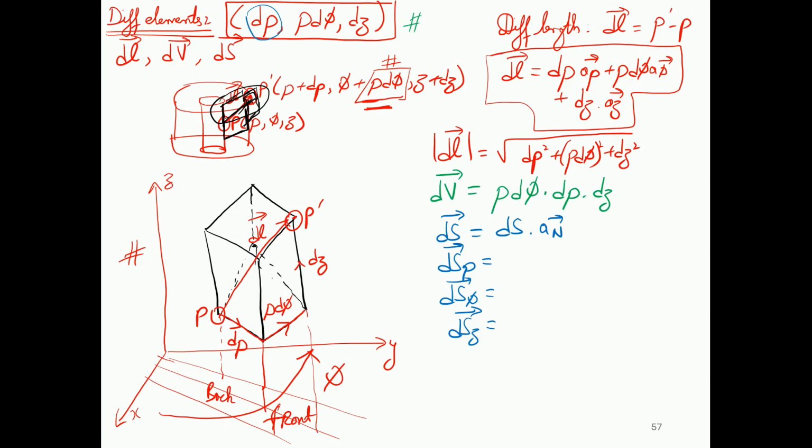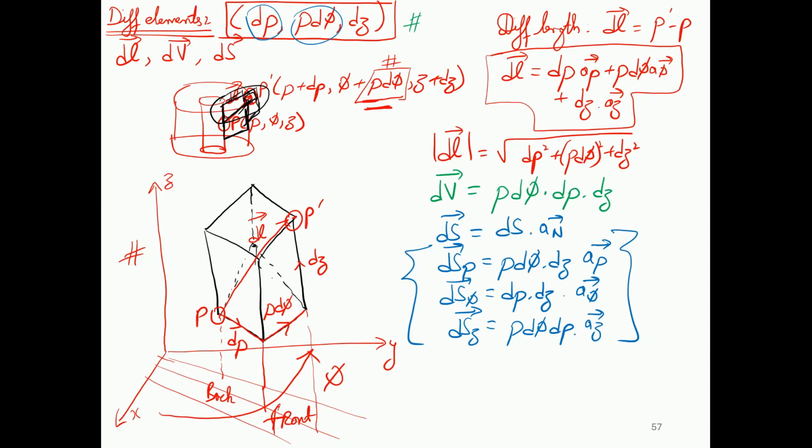So it comes out to be rho d phi multiplied with d of z, and the unit vector is a of rho. Similarly for phi, you block the second element and you introduce the remaining elements. So d of rho, d of z, and the unit vector will be a of phi. For the third one, it comes out to be rho d of phi with d of rho, and the unit vector will be a of z. So these are the three differential surface representations if we are working in the cylindrical coordinate system.